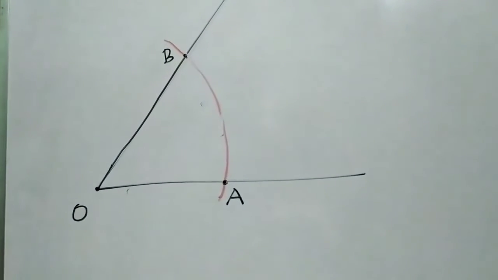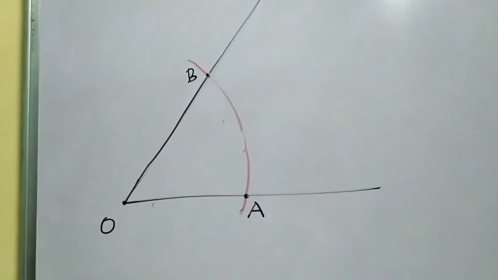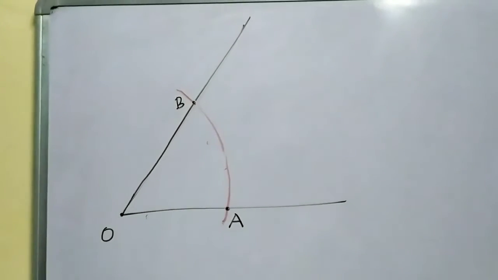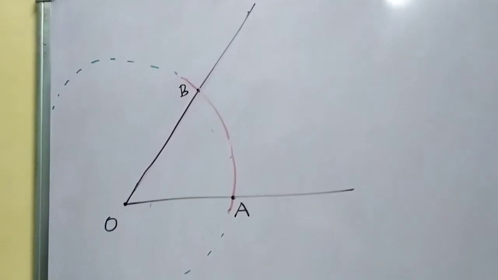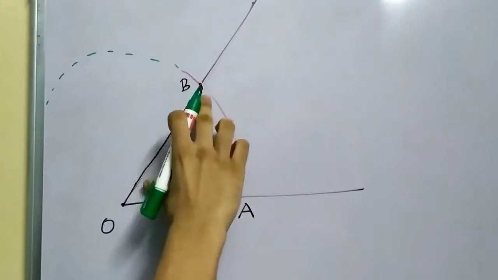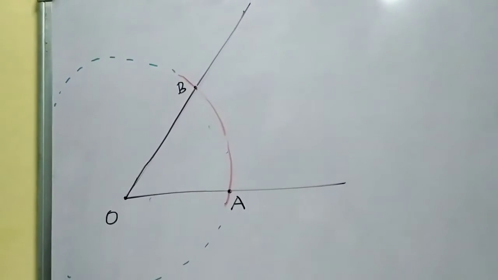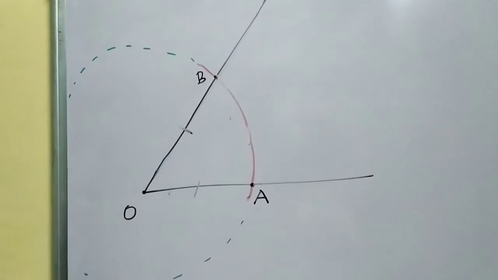Now the important thing to realize is that OA and OB are equal, since they are the radii of the same circle. You can extend this backwards, complete the circle, with your center as O, and you will find that OB and OA are the radius, so they have to be equal. This is equal to this, one important thing.